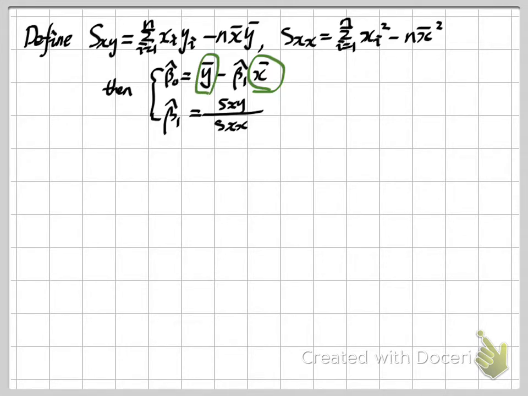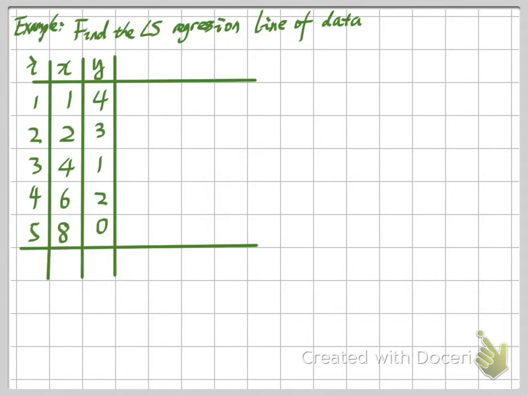To compute s sub xy and s sub xx, we need to compute the sum of xi times yi, and also the sum of xi squared, right? So there are many parts we need to compute. Because of this, before we use the formula, we should first compute each of them.